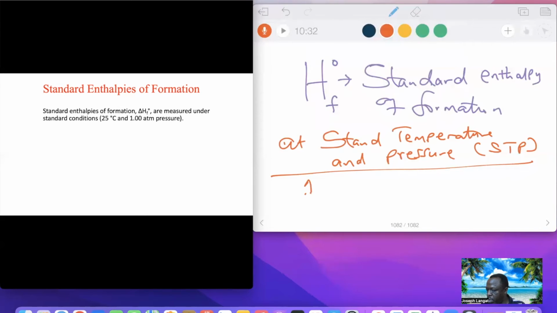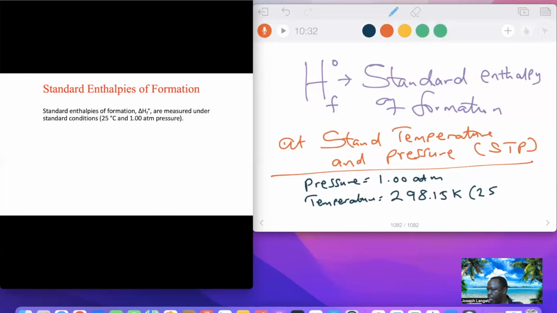Pressure at STP is always 1.00 atmosphere. Temperature is 298.15 Kelvin, or this is 25 degrees Celsius.